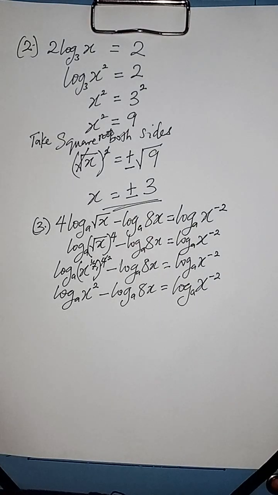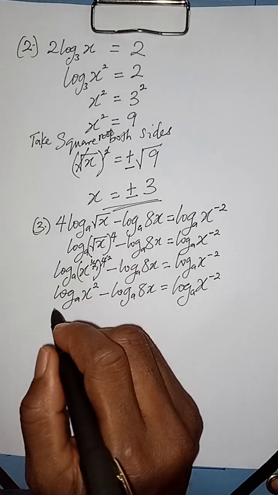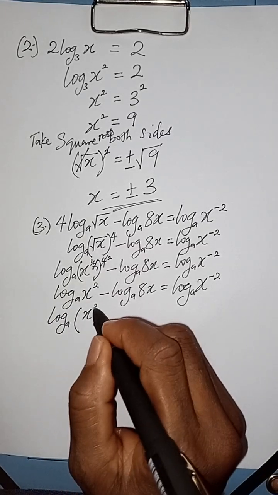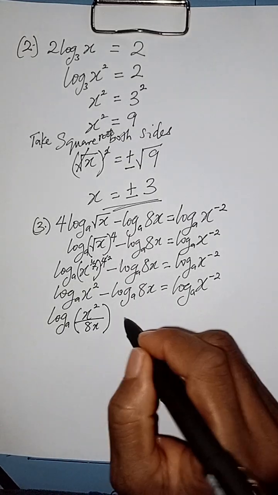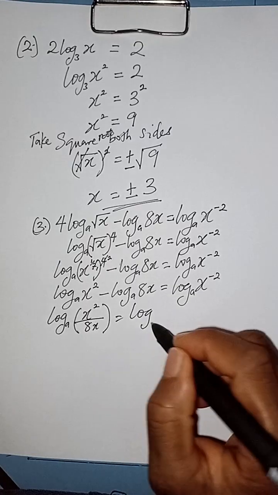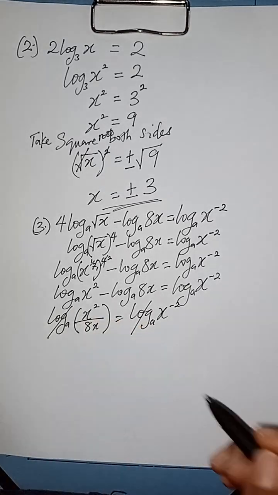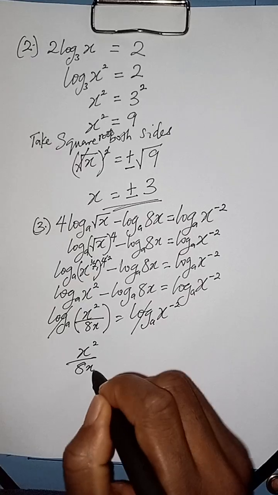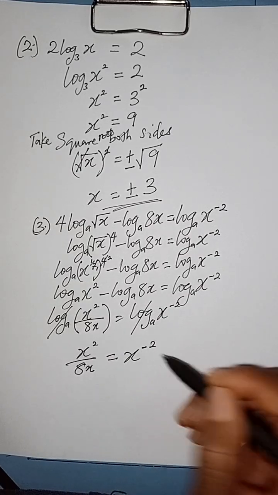So this is like the previous logarithm equations we've been solving. We make the left-hand side have 1 log. To do that, I'm going to have this x squared, minus means division, 8x, close bracket, equal to log x raised to power minus 2. So at this point, you can cancel out the log and solve x squared over 8x equal to x raised to power minus 2.